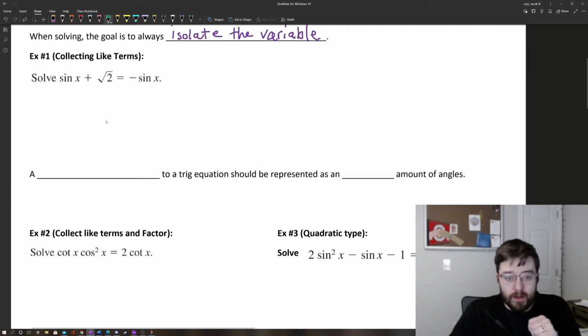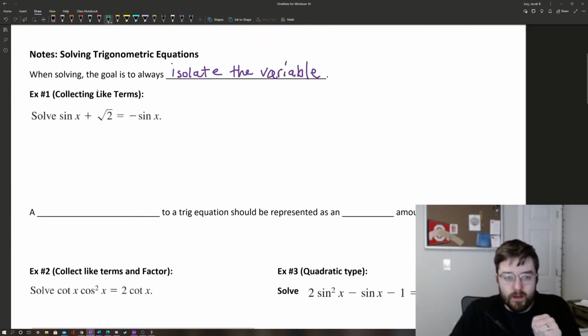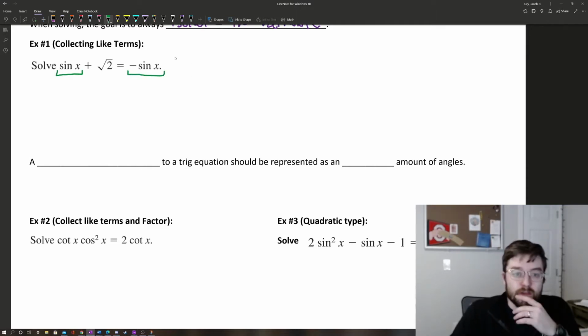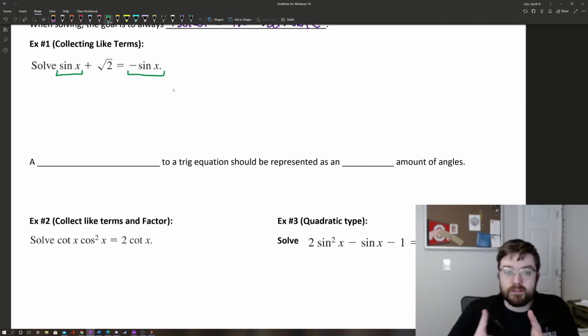So with this first example, we are going to isolate our x's. Now we first see our x's are inside these sine functions. So sine of x on the left and sine of x on the right do need to be collected on one side of the equation.